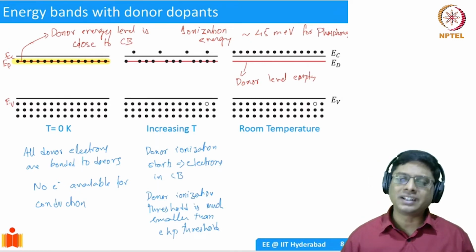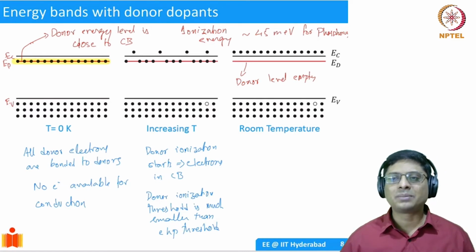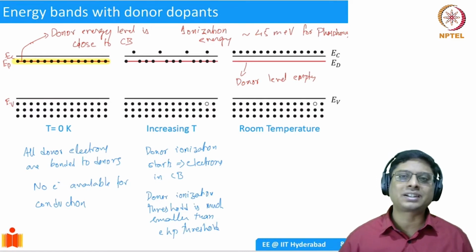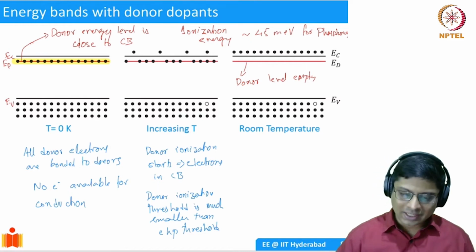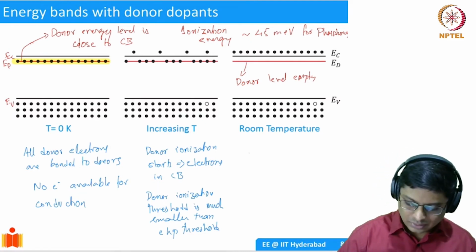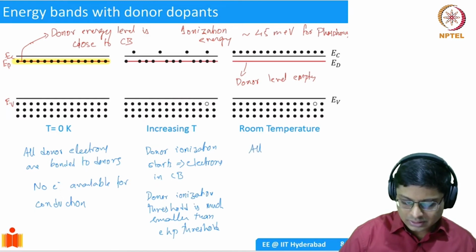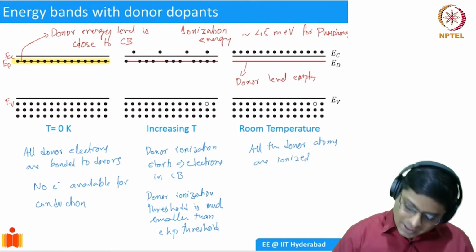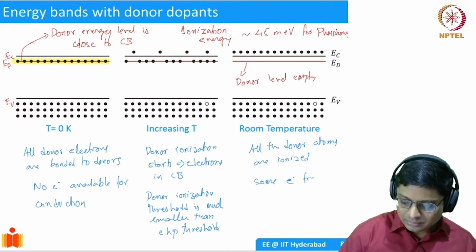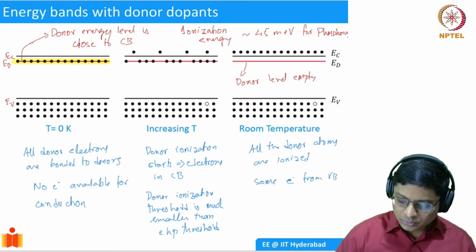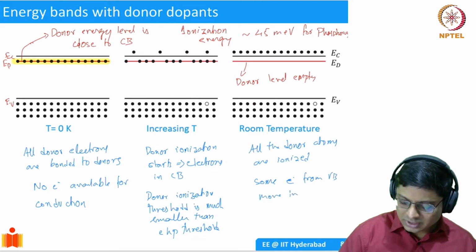But as you further increase, of course, at room temperature, we will actually have to calculate how many electrons and holes there are. We'll calculate that. But at room temperature, all the donor atoms are ionized, and even some electrons from the valence band move into the conduction band.